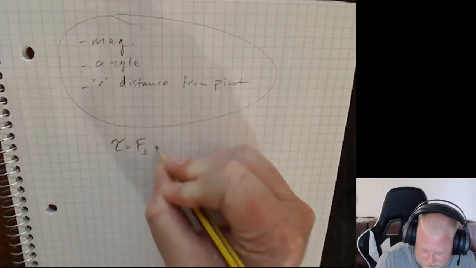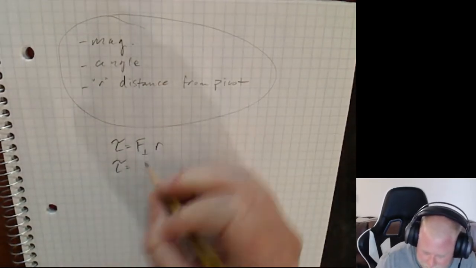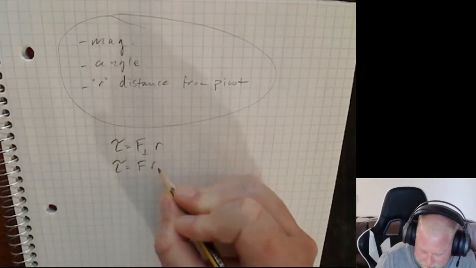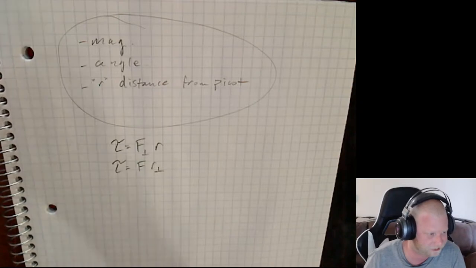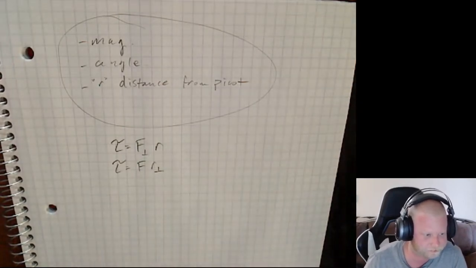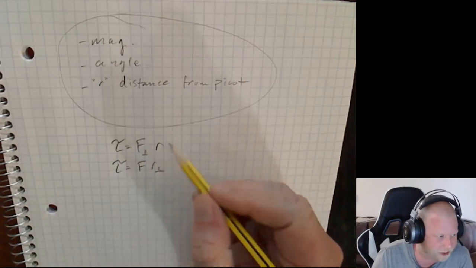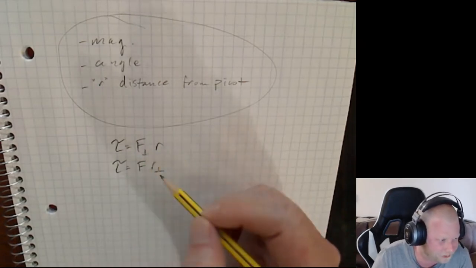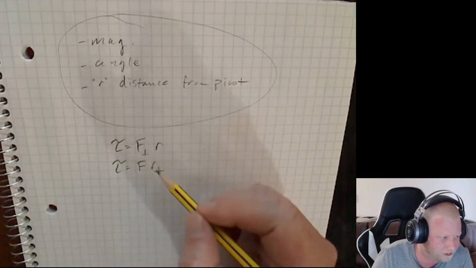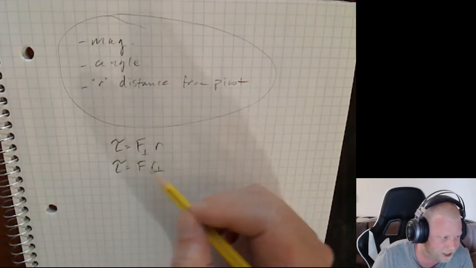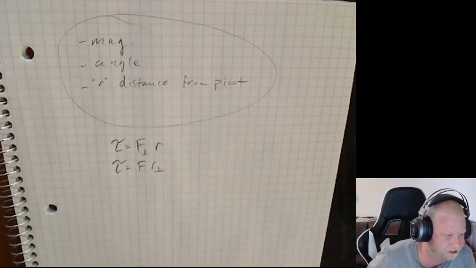It could be a perpendicular force applied to a radial line, or a force applied to a moment arm. And that'll make sense in a second here when we start to look at some of these images. But again, the key thing here, even just without understanding necessarily what this equation means right now, is that there's got to be some perpendicular relationship between a force applied and some distance from the center of rotation.